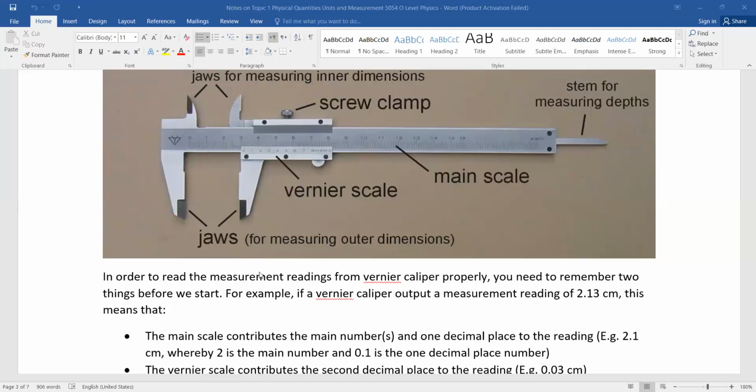For example, here we got how much? 3.1, right? Then after that, there are a little bit values, but we don't know how much it is exactly. That one we'll have to take from the vernier scale. Now we are going to find it from one example.